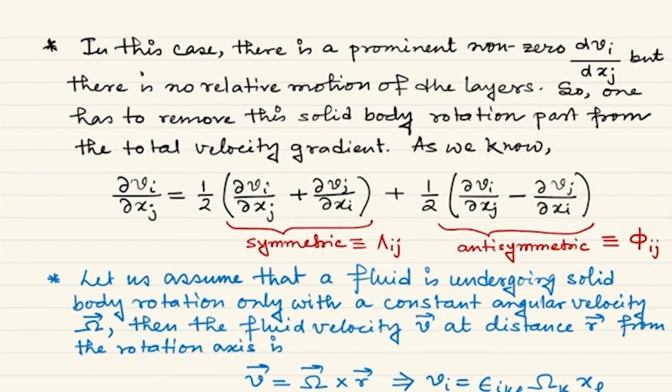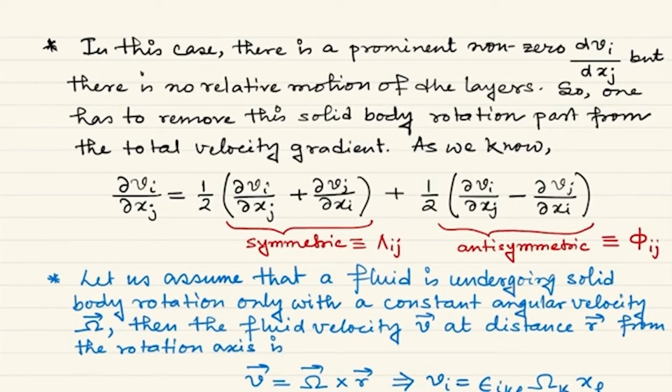But finally, since the system is rotating in such a way that a global rotation is followed by every point of the system, there is no relative motion of the layers. Of course, here we are just thinking that the whole system is only following a global rotation.